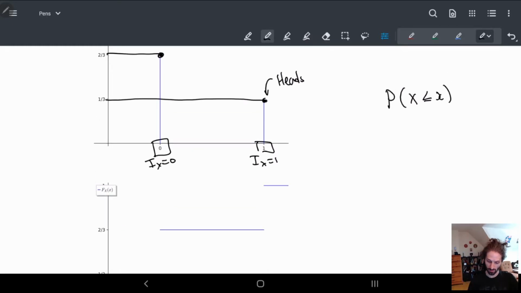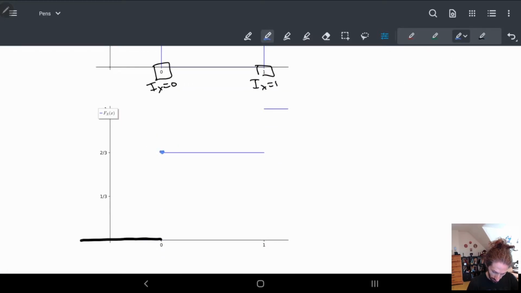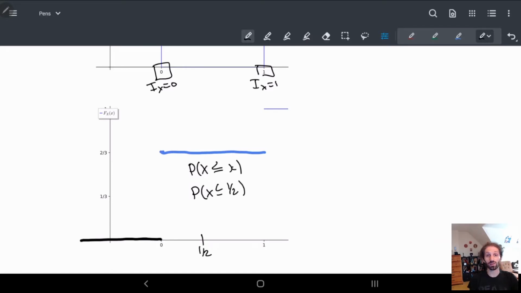We have 2/3, and then this continues. The reason it continues is that we're looking at P of X less than or equal to x. So for 1/2, for example, what's the probability that X is less than or equal to 1/2? Well, 0 is less than or equal to 1/2, and so we're always going to have to consider that 2/3.